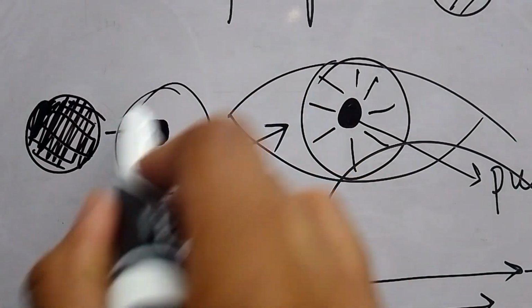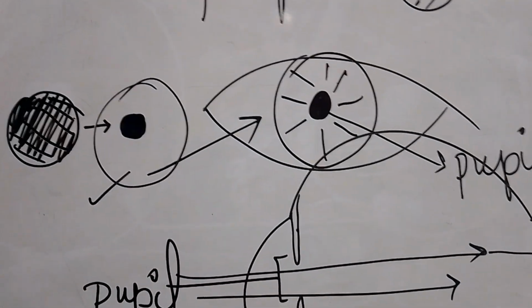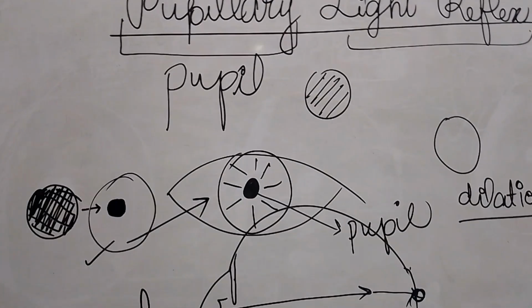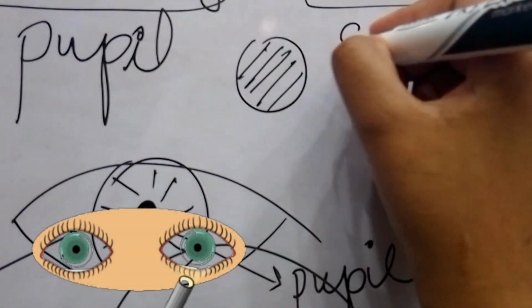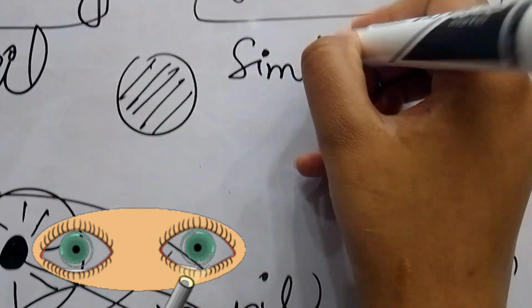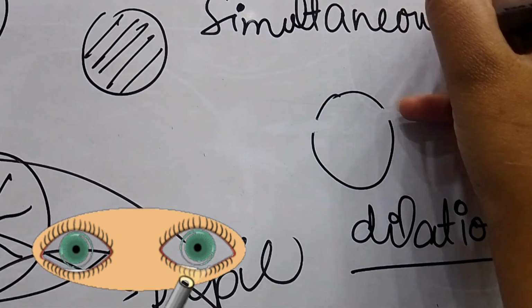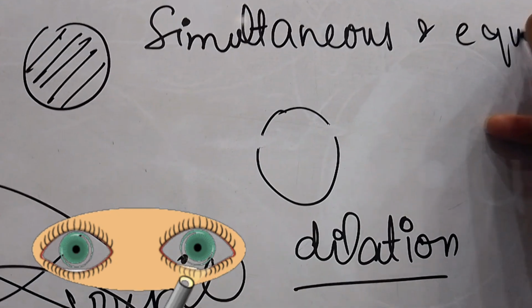So when a light is shown to one eye and simultaneously the other eye gets constricted, so we can say it is simultaneous and equal, right?